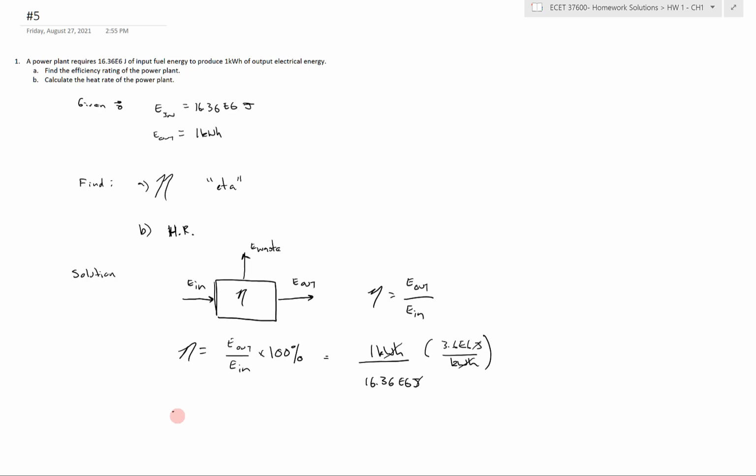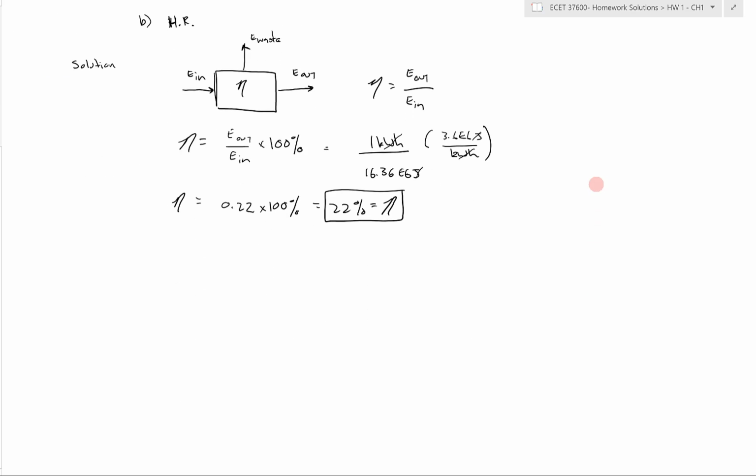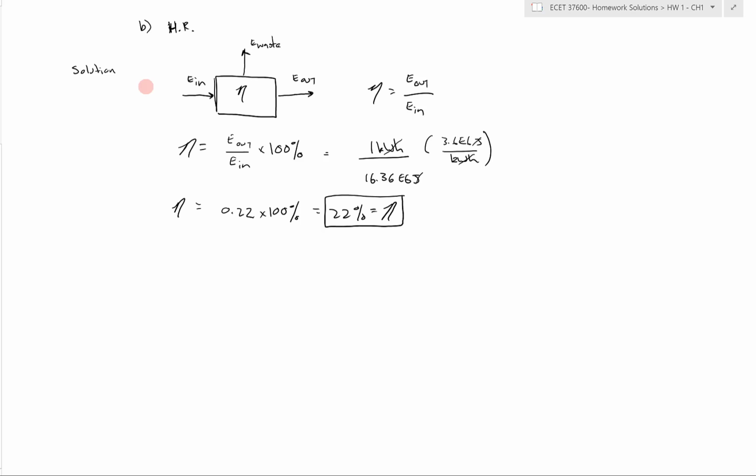It's a dimensionless fraction. So eta here is going to be 0.22, no units because they all canceled, so we get 0.22 times 100 is equal to 22%. Right, so that's the efficiency of this particular power plant, which is pretty realistic. So that was part A, by the way.